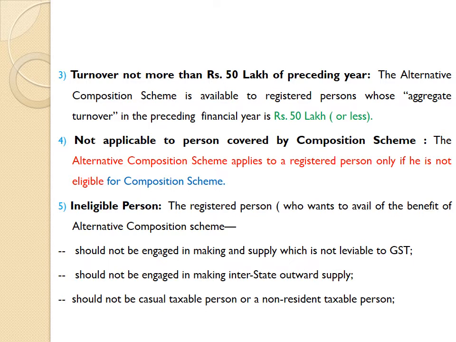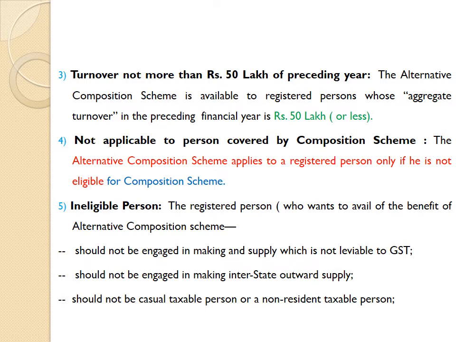There are two schemes. One is the composition scheme and another is the alternative composition scheme. The composition scheme is for taxpayers whose turnover does not exceed rupees 1.5 crore. But the alternative composition scheme is for taxpayers having less than 50 lakh turnover.